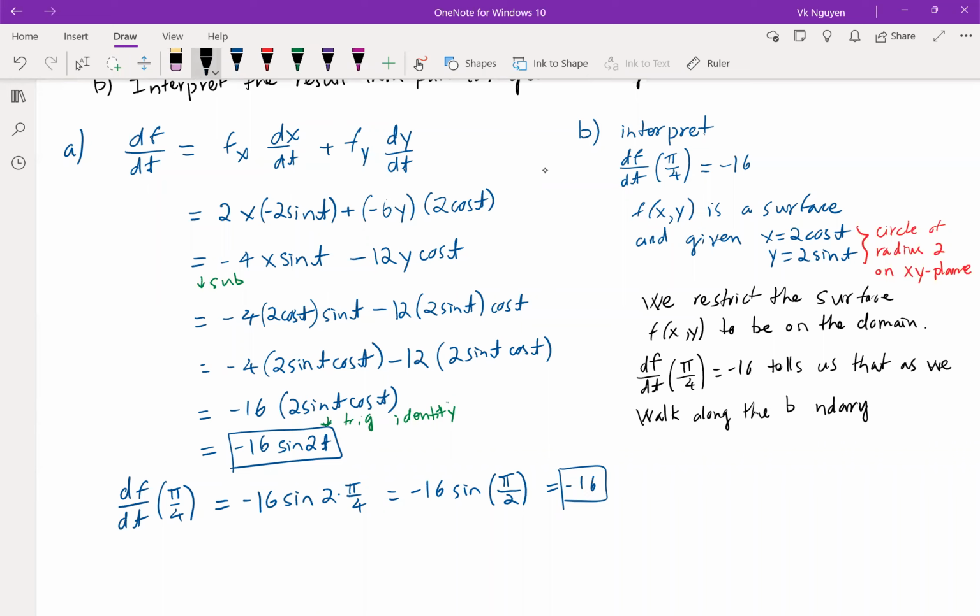So you cannot have the entire surface. You're just going to have the boundary of the surface f(x,y) because of the restricted domain. Yeah, the domain is not everywhere. You've got to be careful.